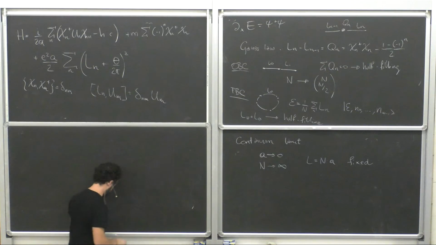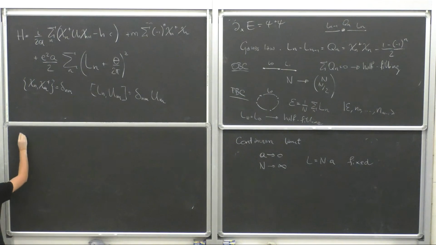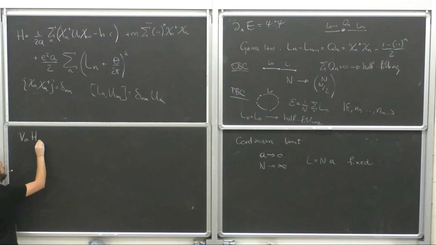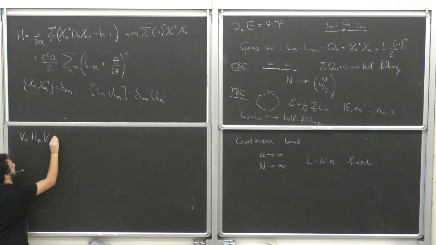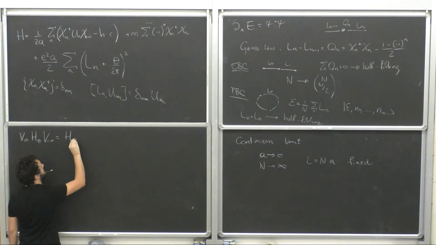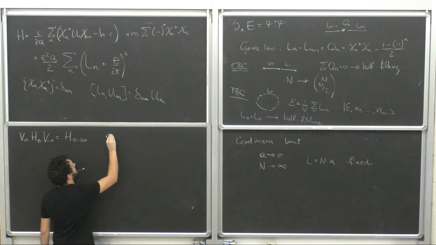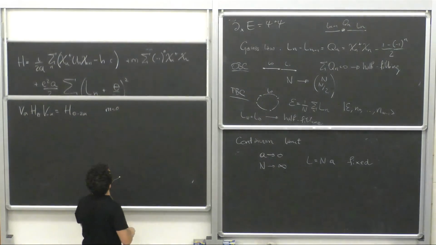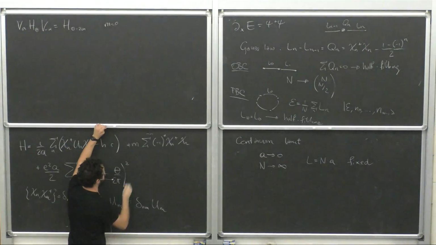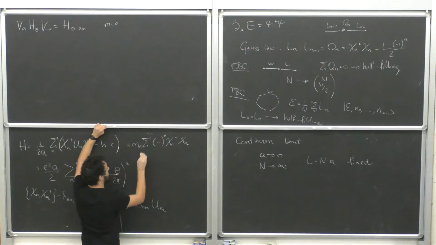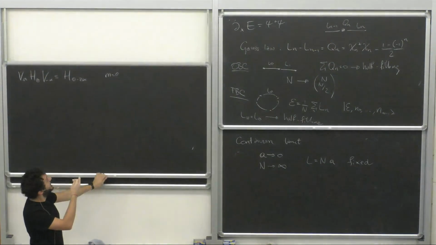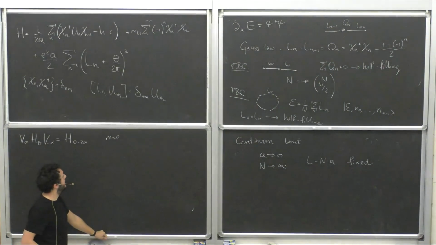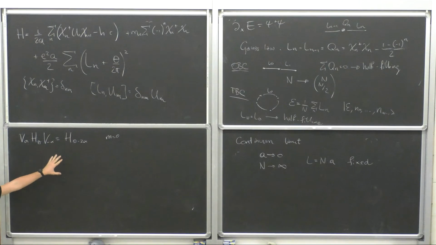So I told you two things before that I need. I told you that in the continuum you have this property at m equals 0. Oh, let me do one thing before. Let me, for a second, call the lattice mass m lat to make it clear that it's not the continuum mass. So in the continuum, we had this.